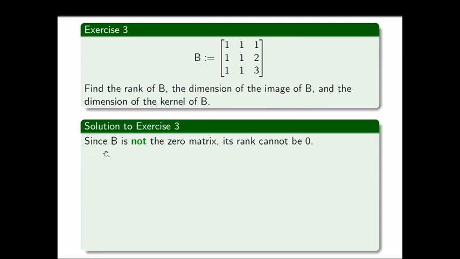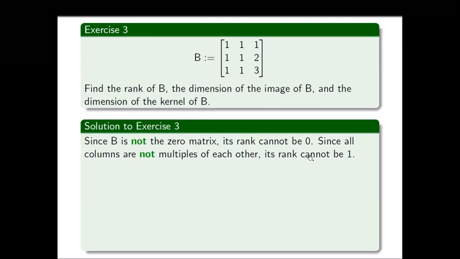So similar to the last problem, because B is not the zero matrix, its rank cannot be 0. Because the third column is not a multiple of the second or the first column, we have that not all columns are multiples of each other, so the rank cannot be 1.